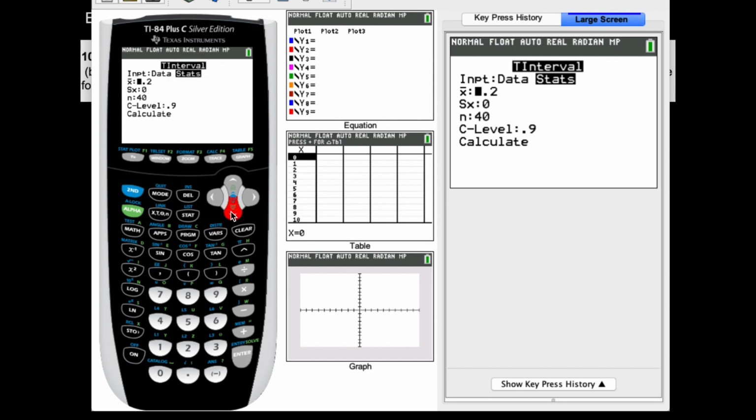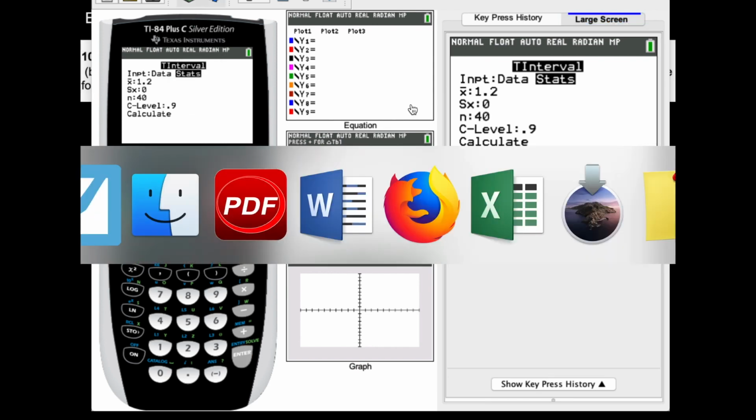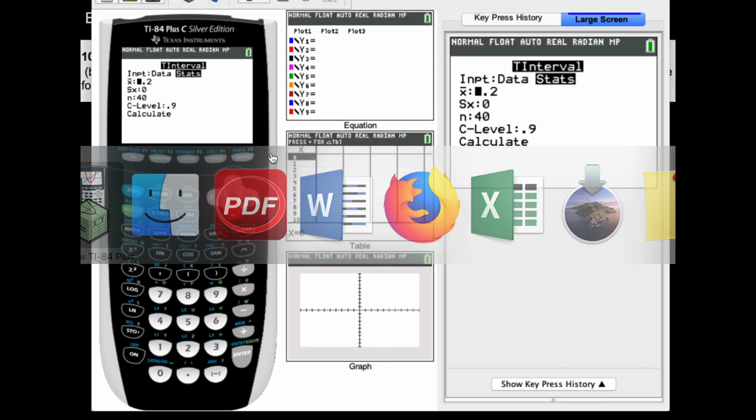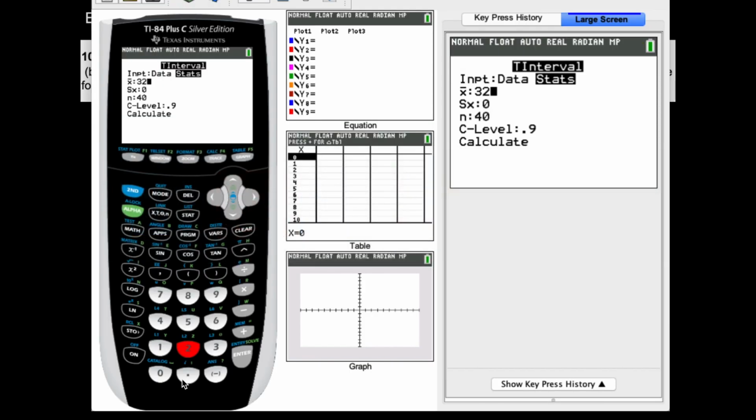X bar, my sample mean, is 32.7. X, my sample standard deviation, is 6.6. N, my sample size, was 195.